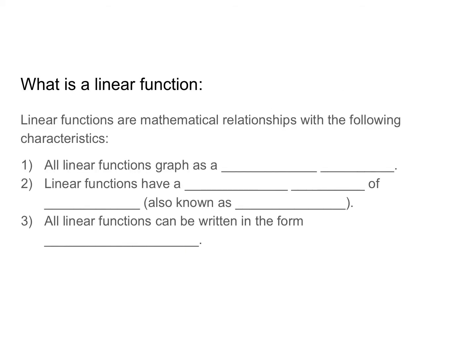So, a linear function is any function that graphs as a straight line. It has to be a single straight line, not like two straight lines together, but a single straight line is a linear function. They always have a constant rate of change. Constant means it stays the same. A rate of change is how it's increasing or decreasing over time.